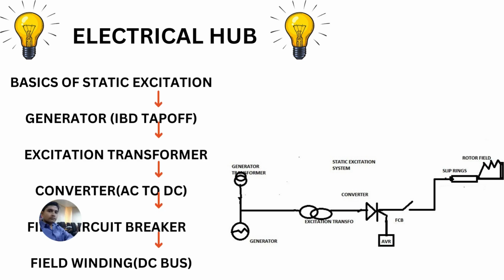From the converter, it is converted to DC voltage, where it is tapped off to the AVR, and also via the FCB through the slip ring, it is fed to the rotor field windings, and through which the entire induction process will happen.